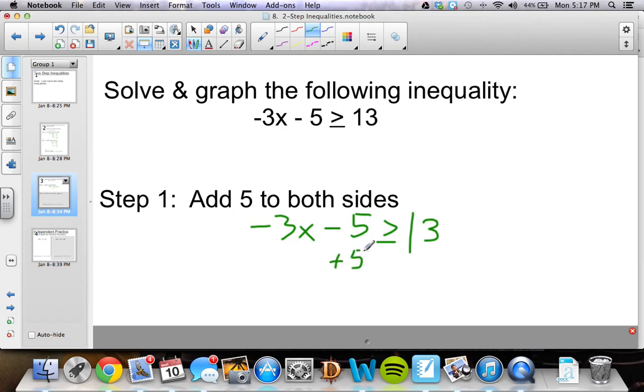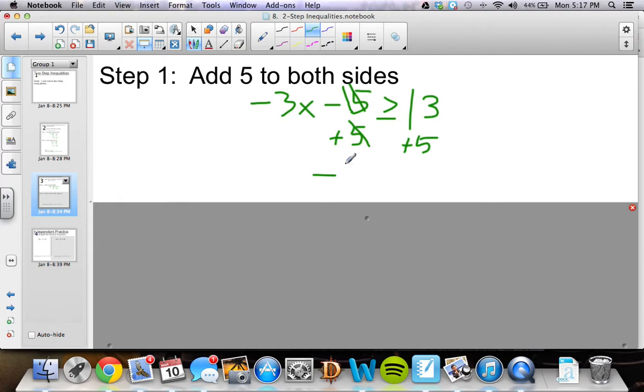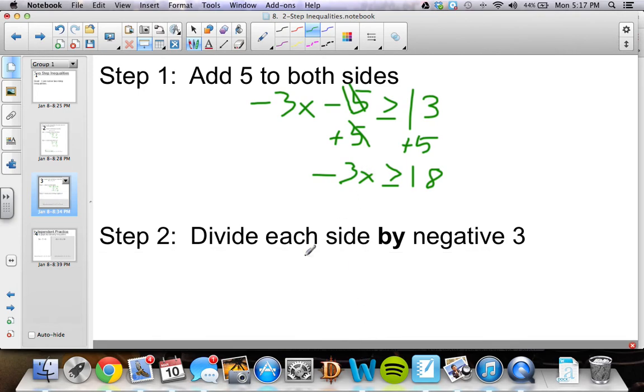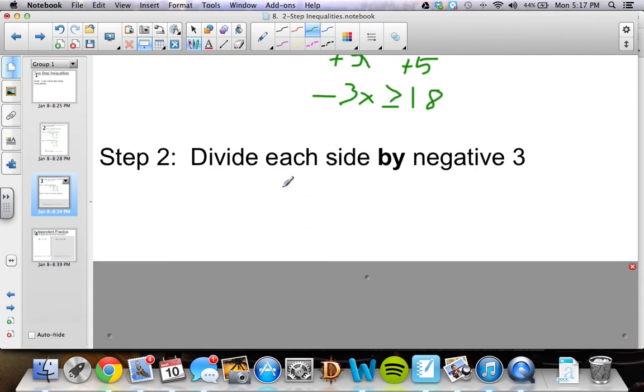Add 5. That cancels that one out, and we'll be left with -3x is greater than or equal to +18. The next step, of course, we have a multiplication problem, so now we're going to divide.